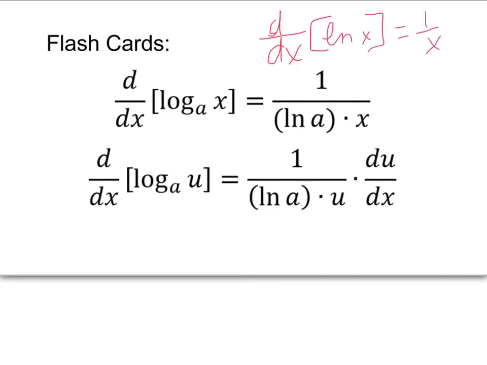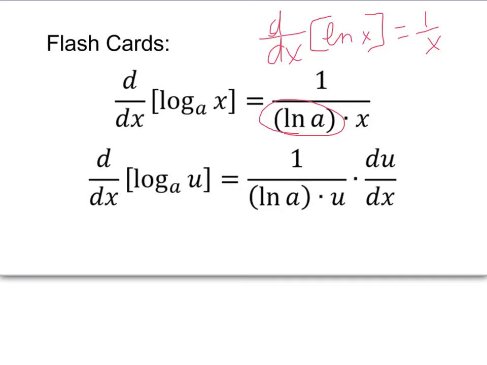And just like with the a to the x and the a to the u, if your base is not an e, or if it's not a natural log, we have to adjust our formula. So instead of 1 over x, we now have 1 over ln of a times x. The ln of a comes from the base.